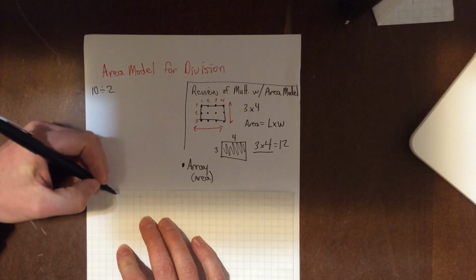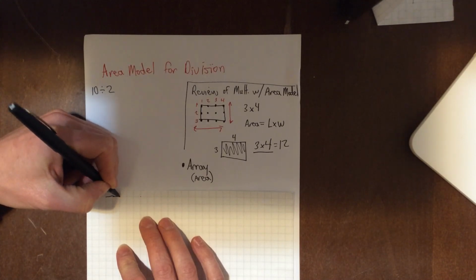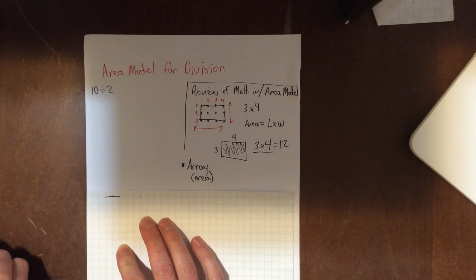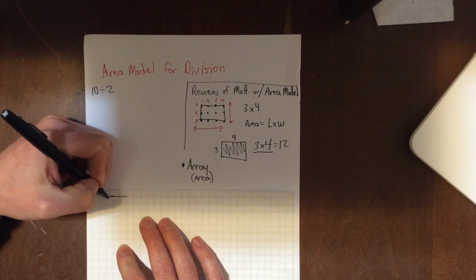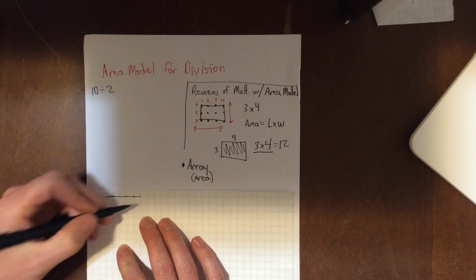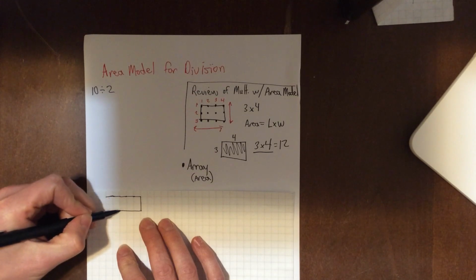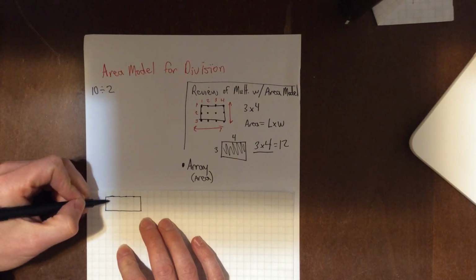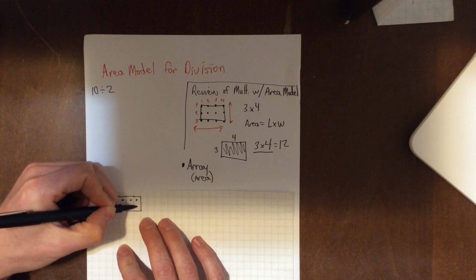Well, what do I know about 10? I know that 10 broken into 2 groups is 5. So I can show 2 groups, 1, 2, 3, 4, 5, 1, 2. Okay. So if I'm drawing an array with my dots, it looks something like this.